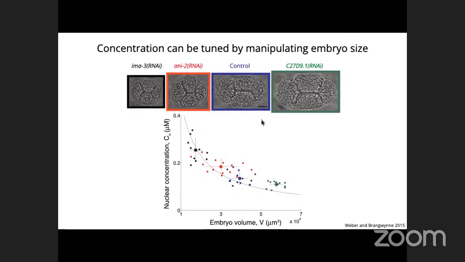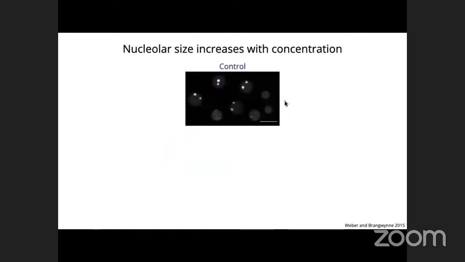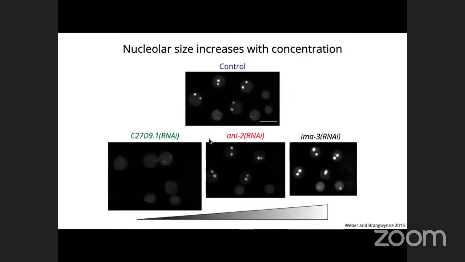I can genetically manipulate the size of the embryo to create embryos that have high or low concentration of these proteins. A control embryo has two droplets of some size. Among the mutants, a big embryo has a really low concentration and really tiny nucleoli, and a small embryo has a really high concentration and giant nucleoli.